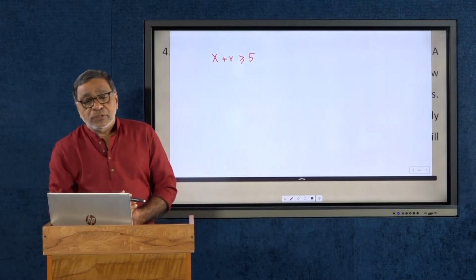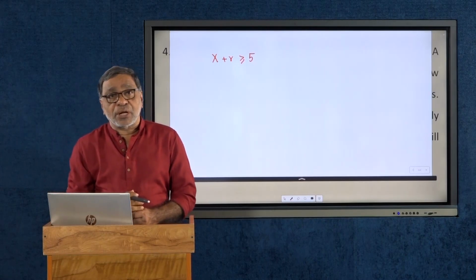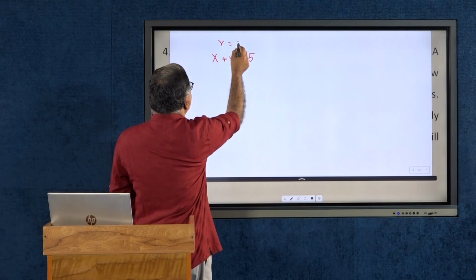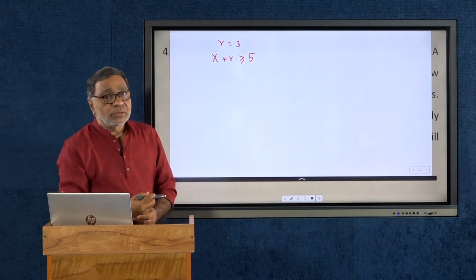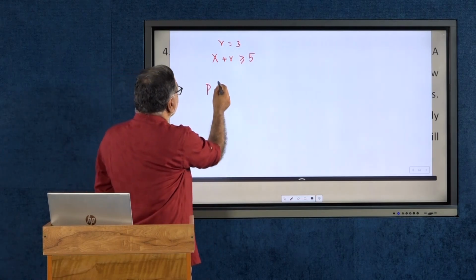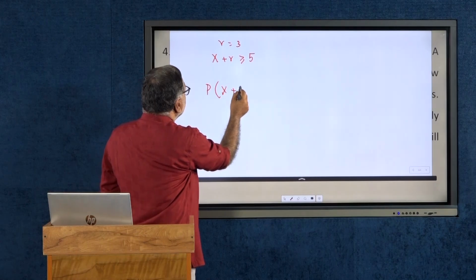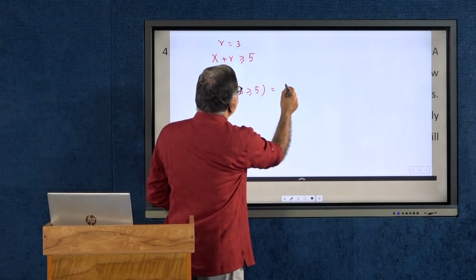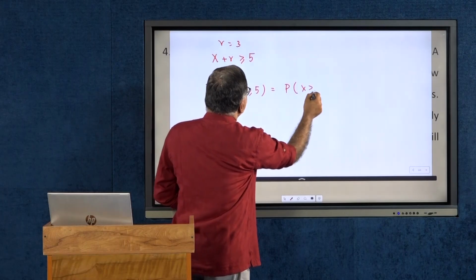Okay. So, they have to interview x plus r greater or equal to 5, and already we have r is equal to 3. So, that means probability of x plus 3 greater or equal to 5, that is probability of x greater or equal to 2.